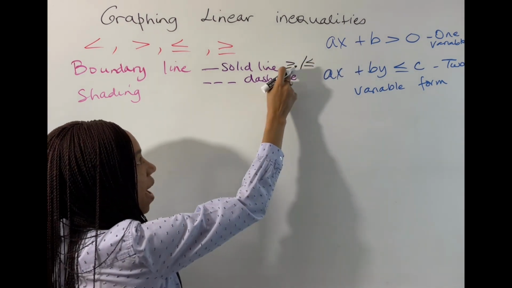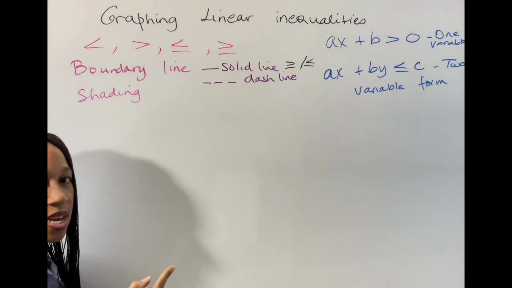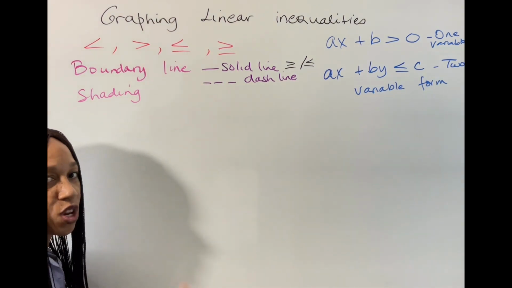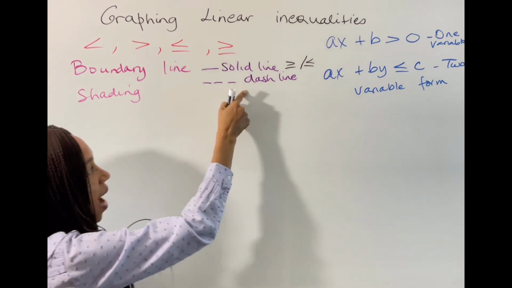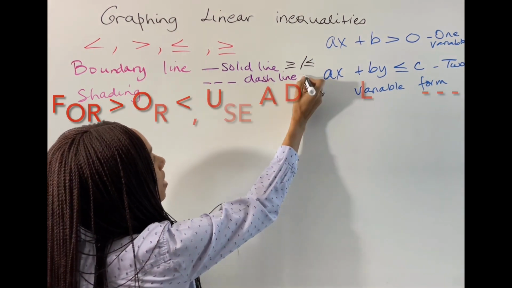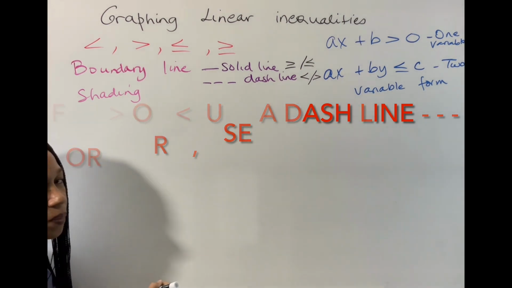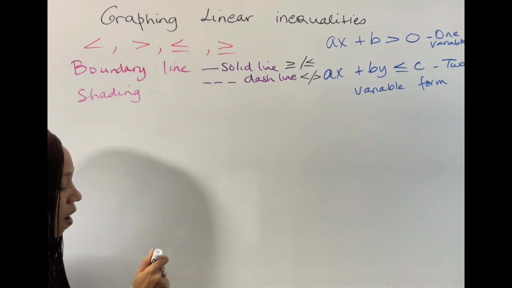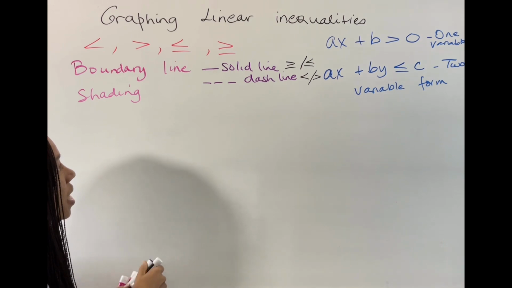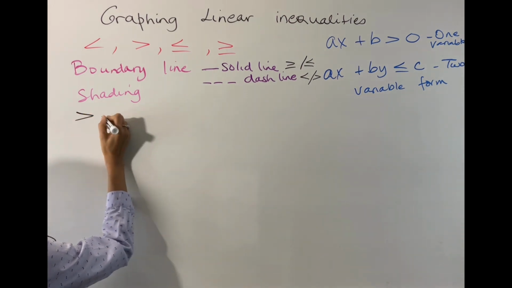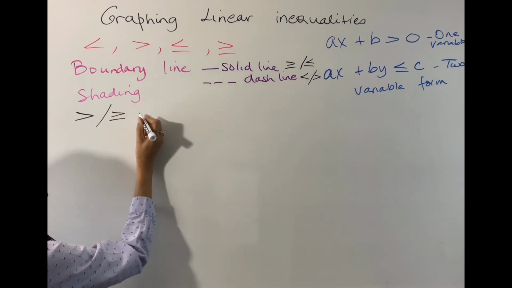It must have half of the equal sign underneath that inequality for you to use a solid line when you are graphing your inequality. And for a dashed line, it's either going to be a less than or a greater than symbol.